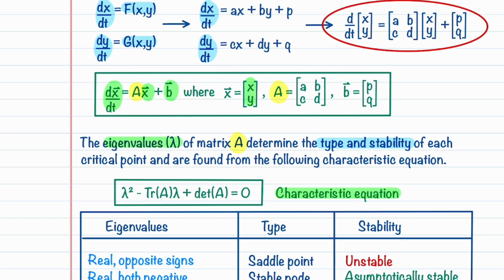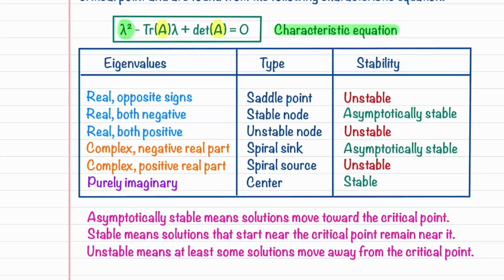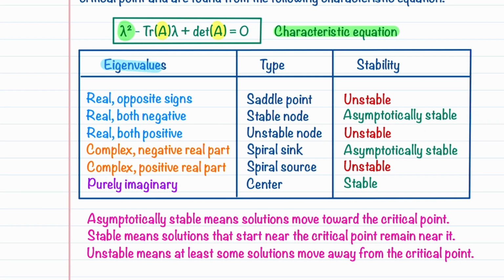This equation is lambda squared minus the trace of our matrix A, that's just where you take the main diagonal elements and you add them, times lambda plus the determinant of matrix A. And then you set all of that equal to 0. Solving this equation for lambda, the eigenvalues, tells you everything about the critical point, its type, and its stability.